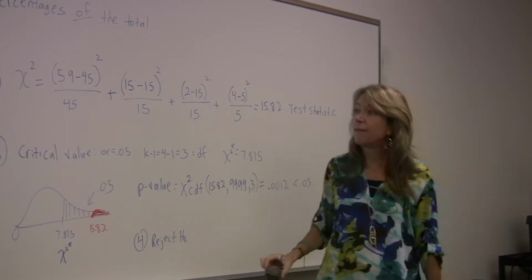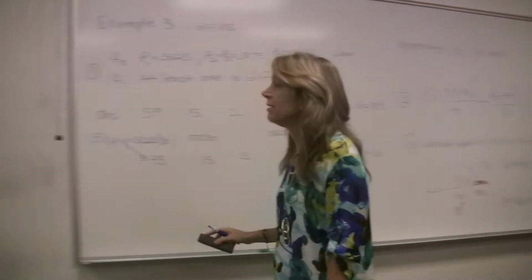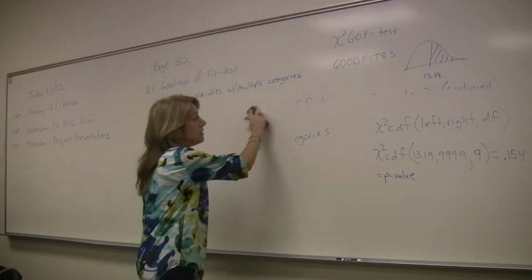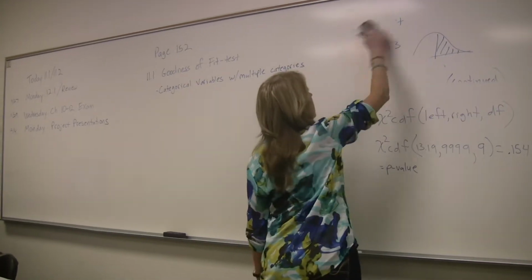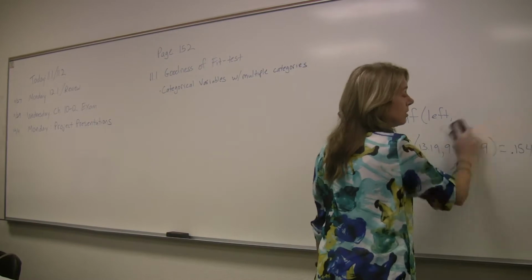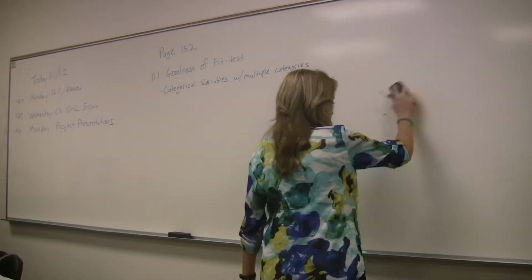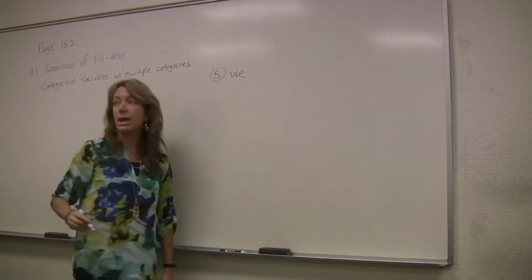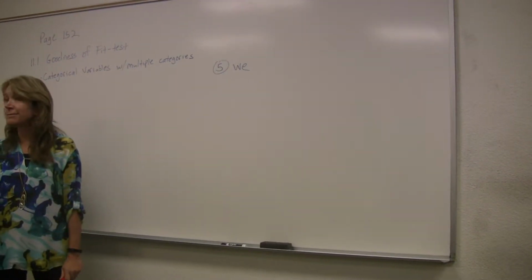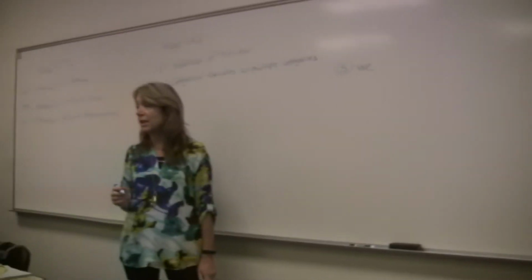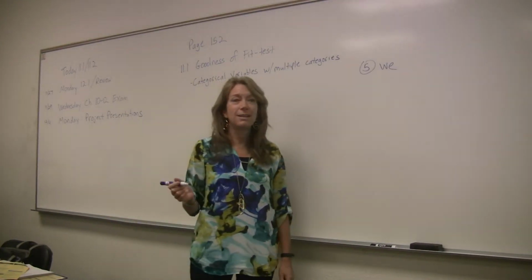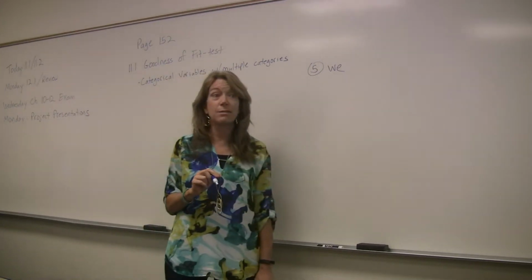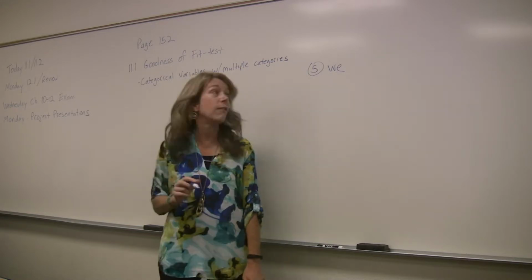Step 5 is to do what? Conclude. Do we have sufficient evidence or not? Because we rejected H0, we have evidence. That's like convicting someone, right? Rejecting, you have evidence. It is sufficient.